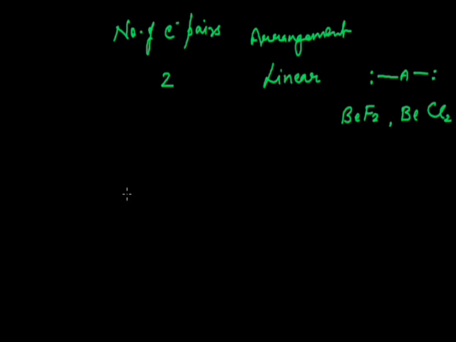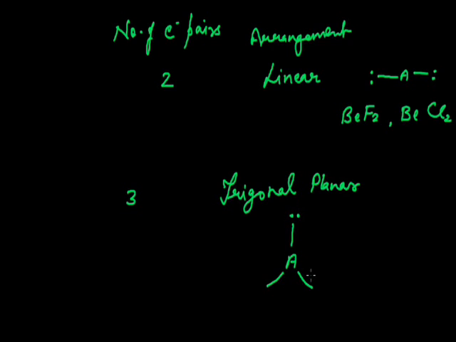If the number of electron pairs is 3, the arrangement would be trigonal planar, where the electron pairs try to arrange themselves in a trigonal manner so as to have minimum repulsion.